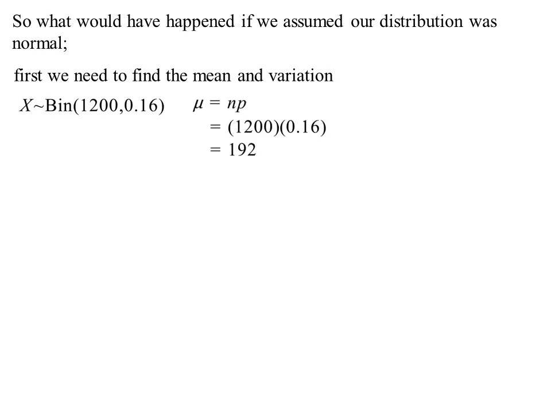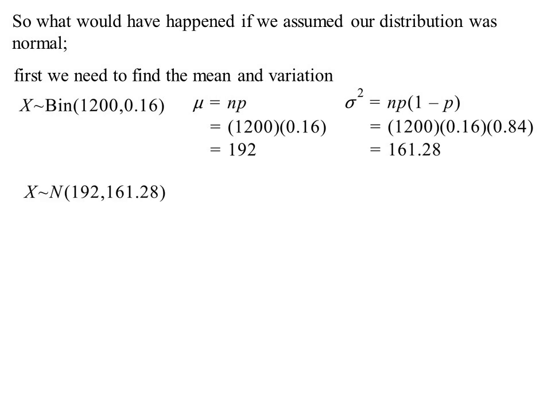So I know that the mean, n times p, is 192, and the variance is 161.28. So now I know those two pieces. The two things we were interested in for a normal distribution were the mean and the variance. So we're now saying it's normally distributed with those pieces of data.